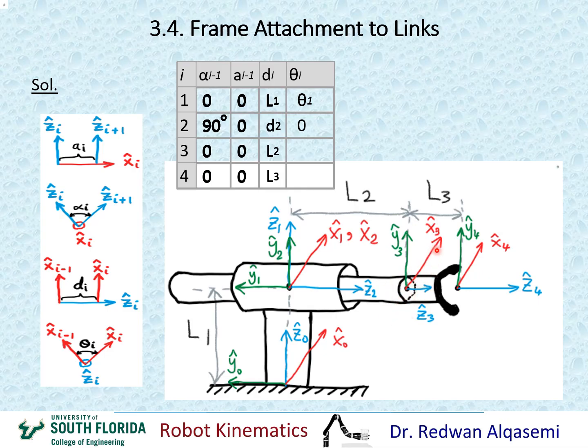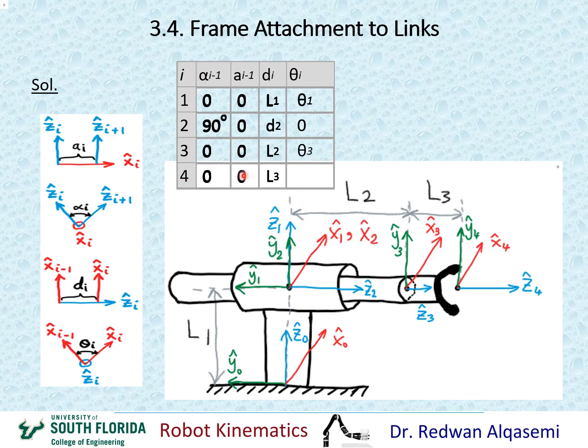So that means x3 will start rotating back and forth with joint 3. Okay, and that will create a variable angle between x3 and x2 about z3. So that angle between x2 and x3 about z3 will be a variable, and we're going to call this variable theta 3. We're going to put it right here.